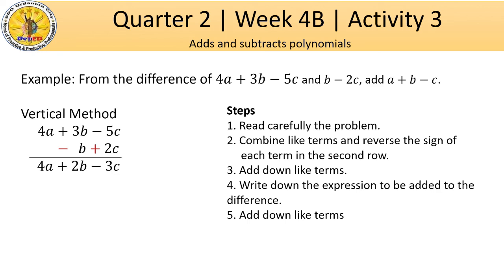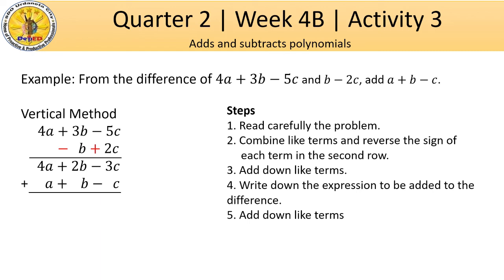Okay, so 4a, there is nothing that we can add it to, so we just rewrite it down. Then 3b minus b is 2b and negative 5c plus 2c is equal to negative 3c. So that is the difference of the first term.